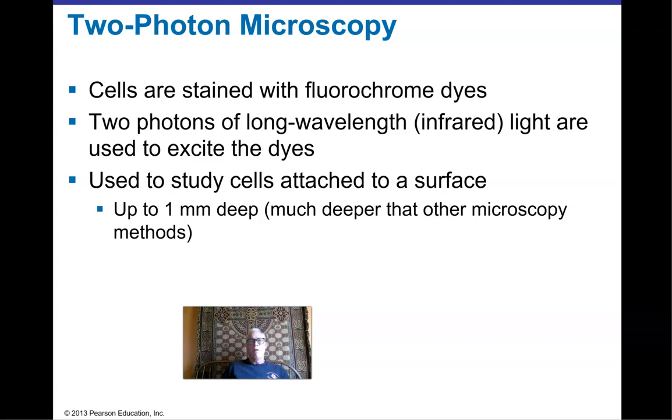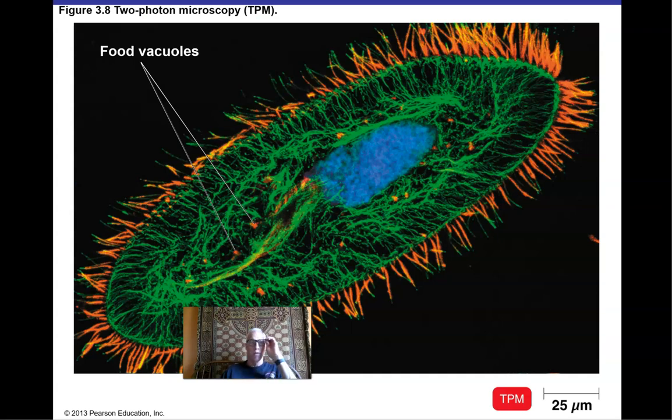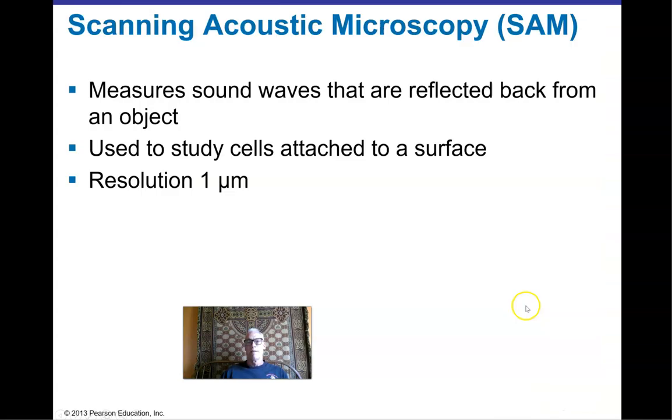And the beauty of this method is the longer wavelength illumination light is not scattered very much as it passes through the specimen, and so we can observe features much deeper into a specimen than most microscopic methods. Methods we've been talking about look down at the micrometer level depth. This can show us well-resolved features down to a millimeter of depth in a tissue sample, for example. So it's a really cool method. And there's again a picture of a two-photon image right there, where we're seeing quite a bit of the depth of all the features in that paramecium or whatever it is.